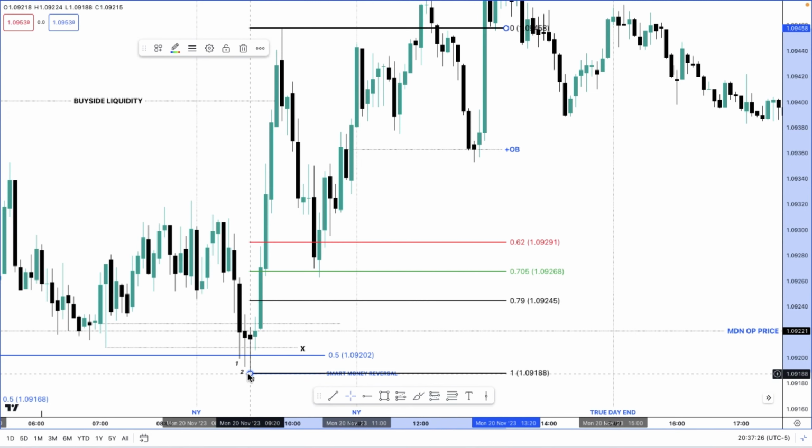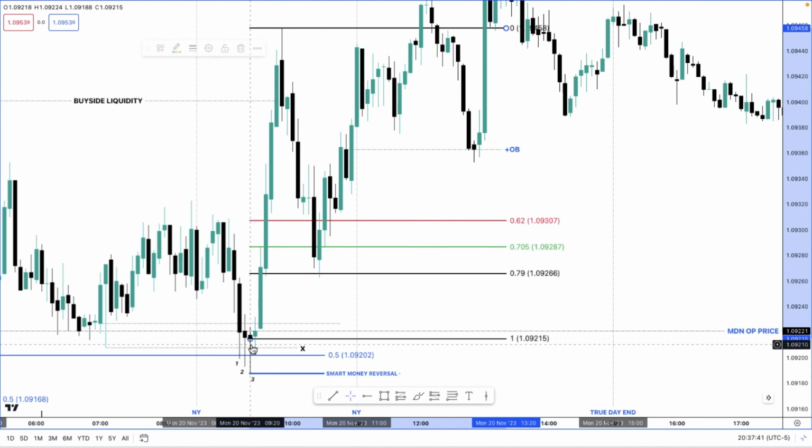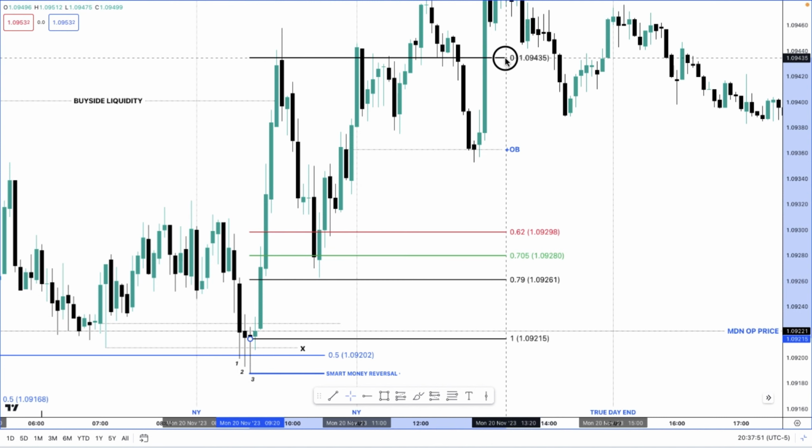Now, what I prefer to do is I like to use the bodies. Remember how I always said the bodies tell the story, the wicks do the damage. So if you use the bodies from the lowest open or close to the highest open or close in the same swing high and swing low I was looking at, I'm not changing anything there.